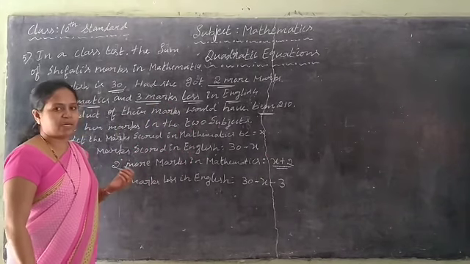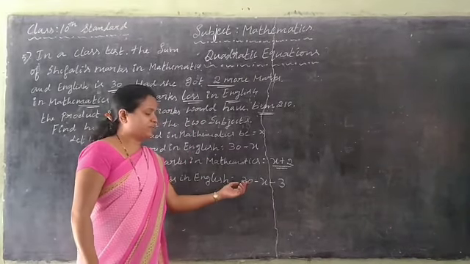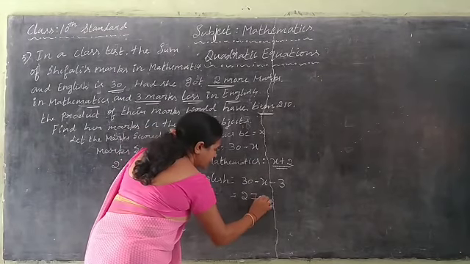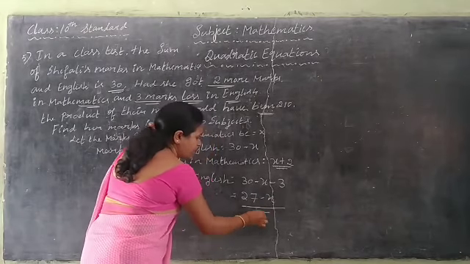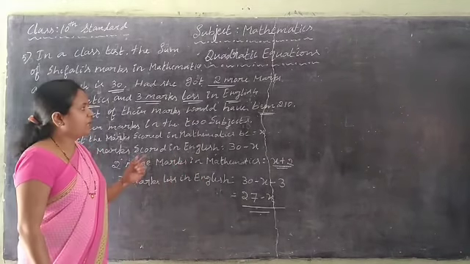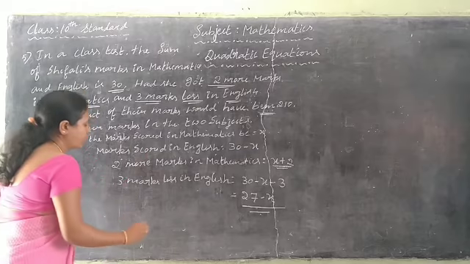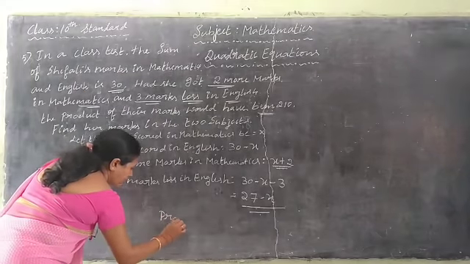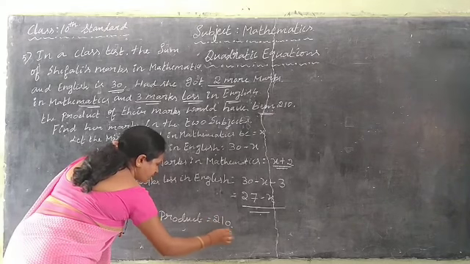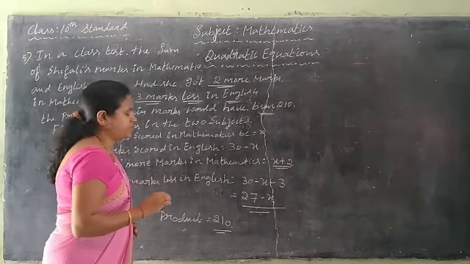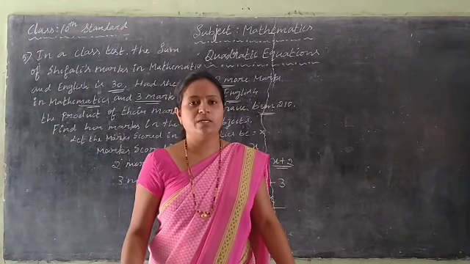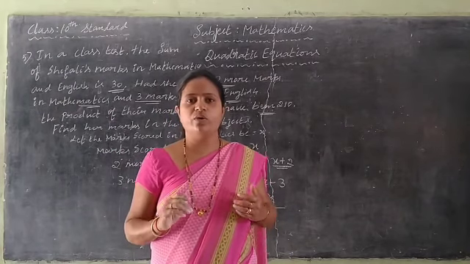Subtract 3 from 30, children, you will get 27 minus x. This is the marks of English after getting 3 less. Right. And the product, what is given? Product is 210, children. The product of both the subjects is 210. Got it? So these are all the statements we have to write.